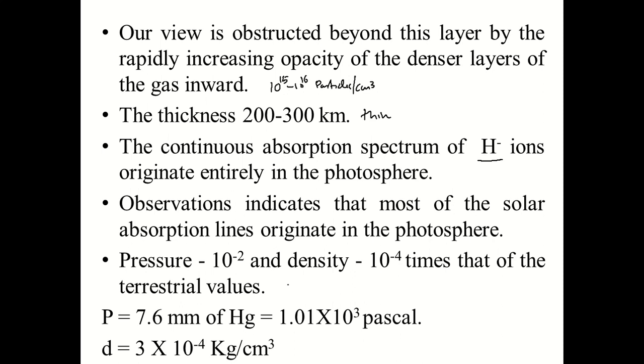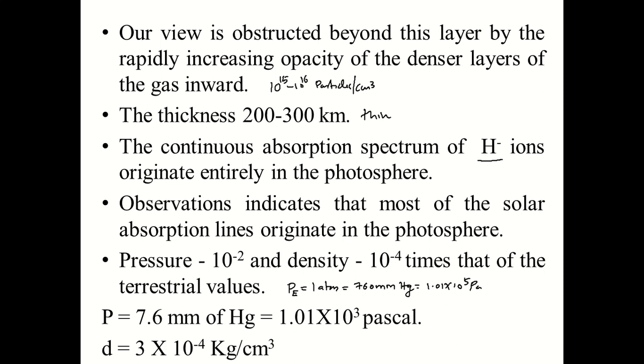If you consider the atmospheric pressure on the surface of earth at sea level, you know that it is 1 atmosphere. 1 atmosphere is 760 millimeters of mercury. In SI units, it is 1.01 × 10^5 pascals.